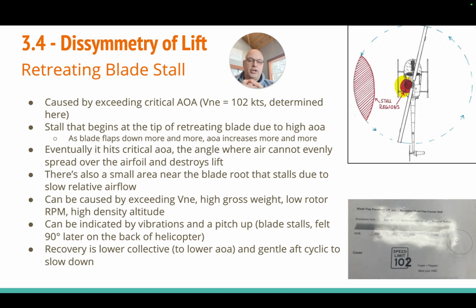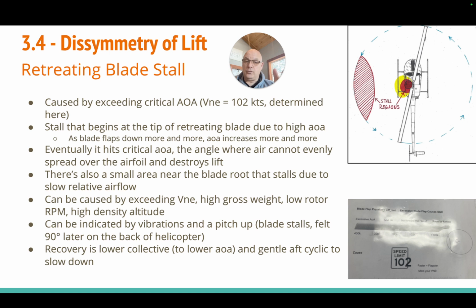There's a chart in your aircraft that you can use to calculate your VNE for that particular flight. For example, for the R-44, under normal conditions, the never exceed is 130. I think VNE for an R-22 is 102. That's on a given day, but it always needs to be adjusted for the day of flight, taking into account the external factors.